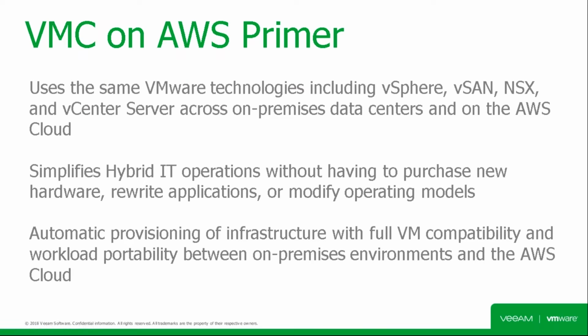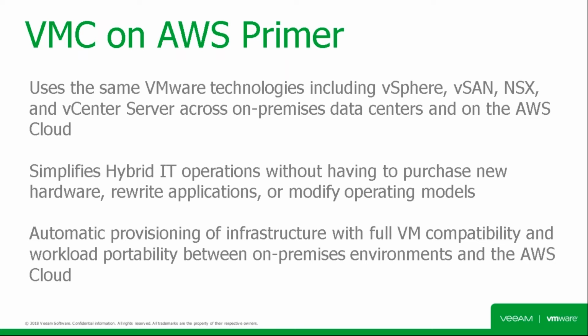Okay. So from a technology perspective, it's the same technologies. vSphere, vSAN, NSX, and vCenter across on-prem and the cloud environment. Again, you don't have to purchase new hardware, rewrite apps, or modify your operating model. So everything you do today essentially extends to the VMware Cloud operational model.